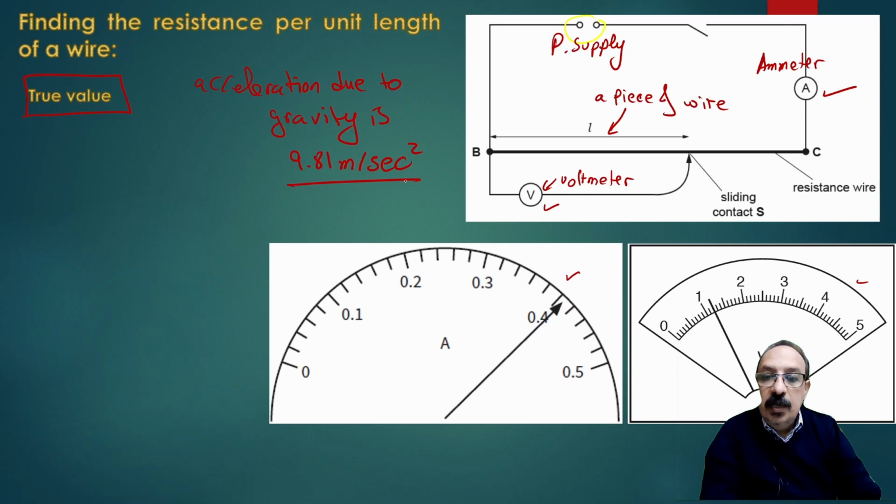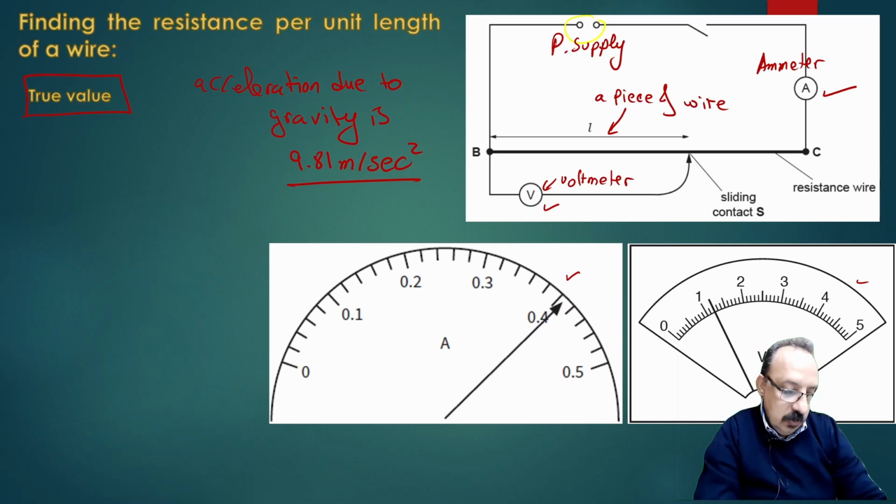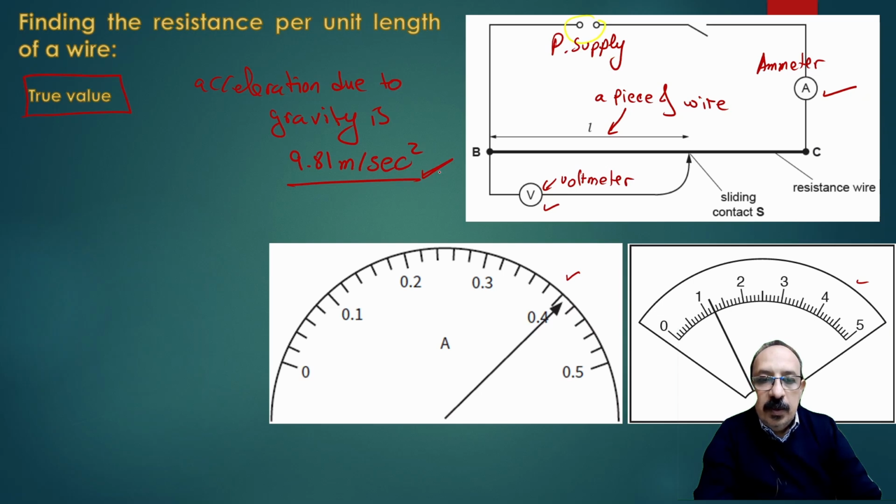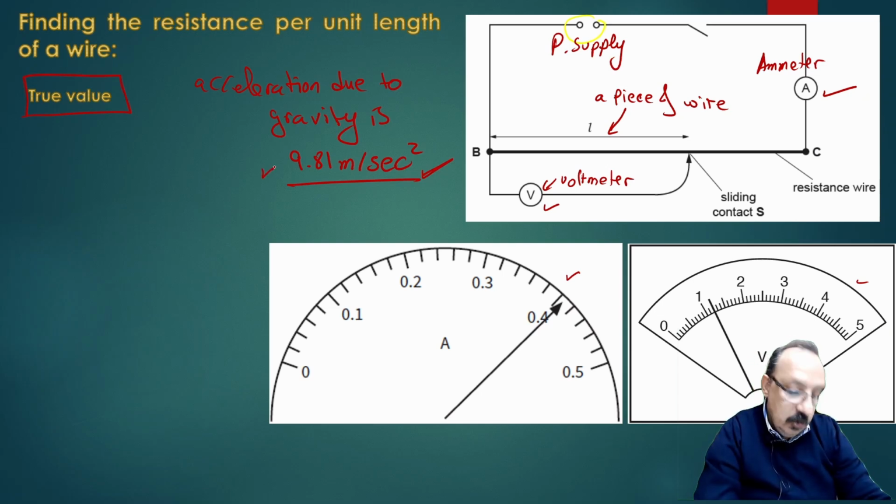Okay, this is the best known value for the acceleration due to gravity. So we typically say that this is the true value for the acceleration due to gravity.